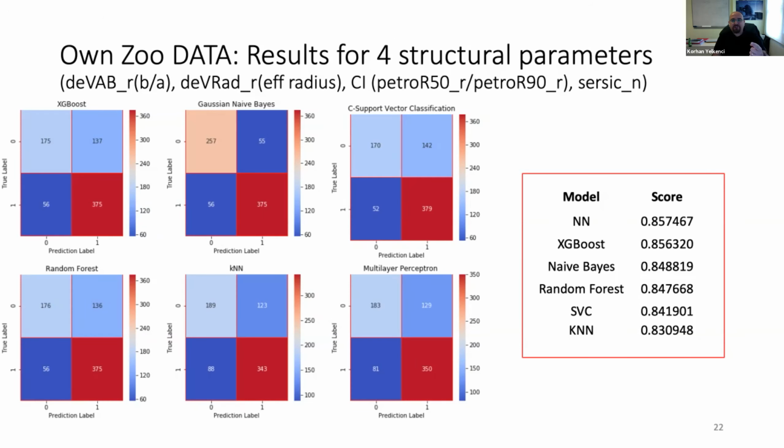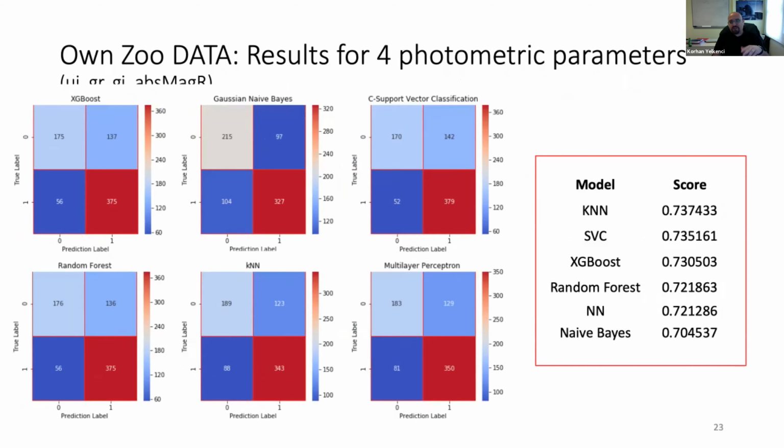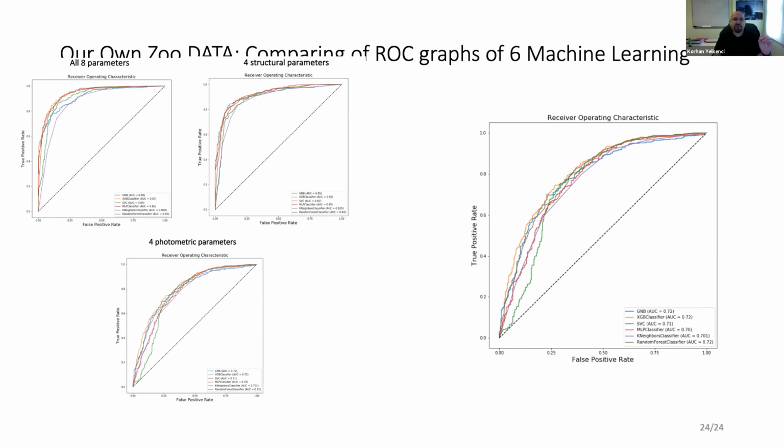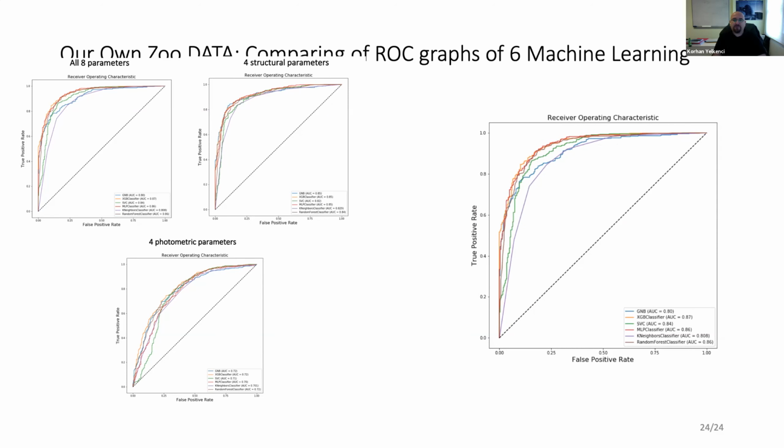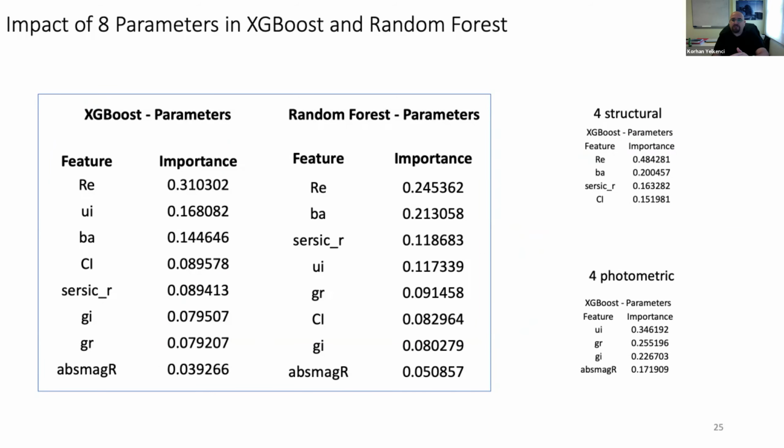And here structural parameters are very important to classify the galaxies, and photometric is much less, as you see. So the 8 parameters is the top corner solution. The importance here is the effective radius, the important feature.